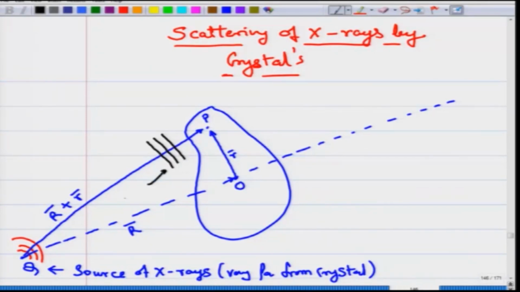So, these are plane wave fronts, and these wave fronts have a wave vector k. The wave vector of these wave fronts is k.